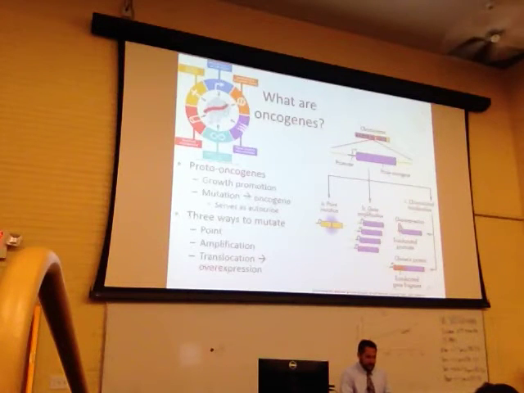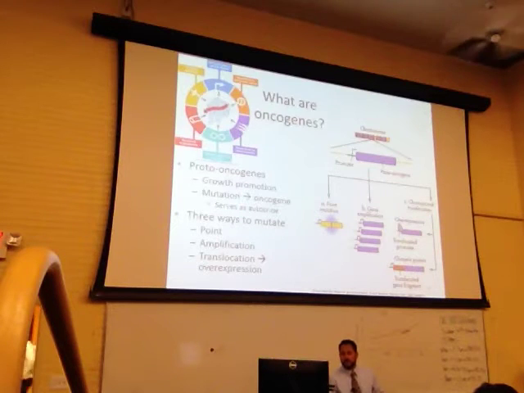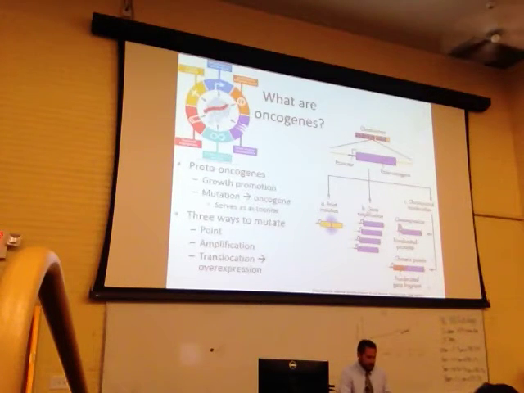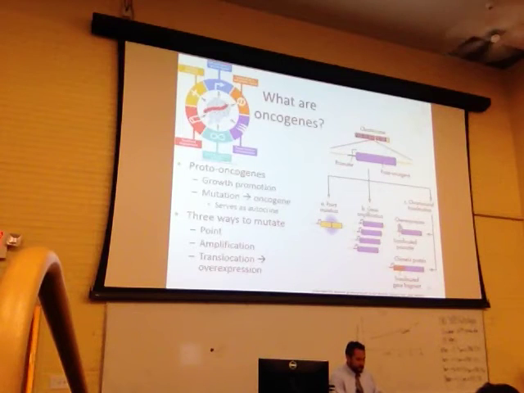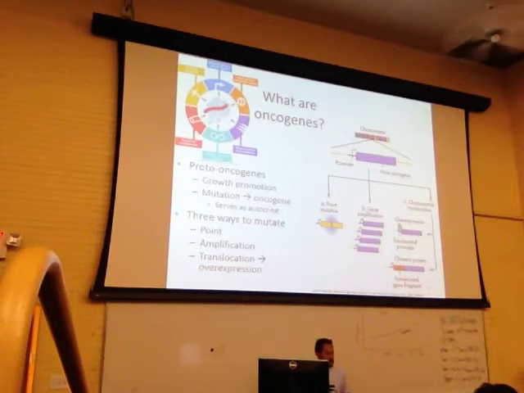If we look at the next option, we can have what we call gene amplification, where we get gene duplication. We get multiple copies of the gene produced, and so you get an overexpression of that trait or phenotype. In the last example, we get chromosomal translocation.